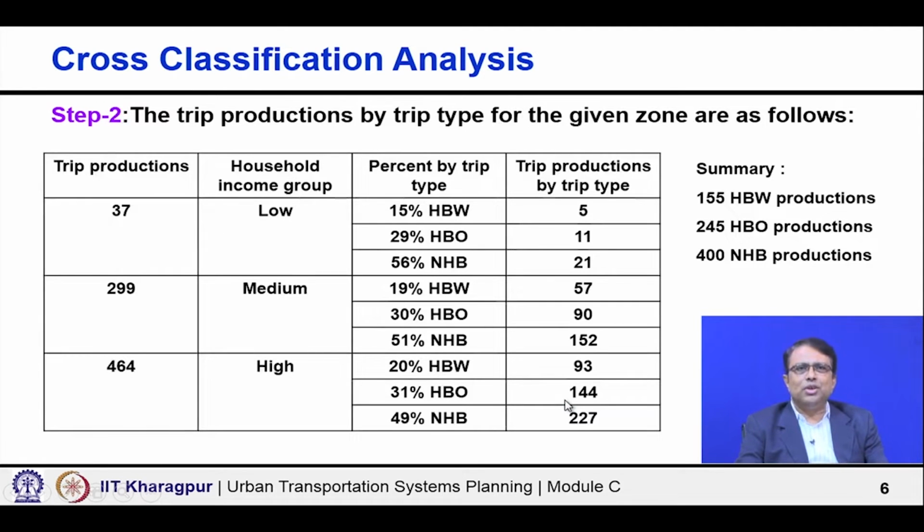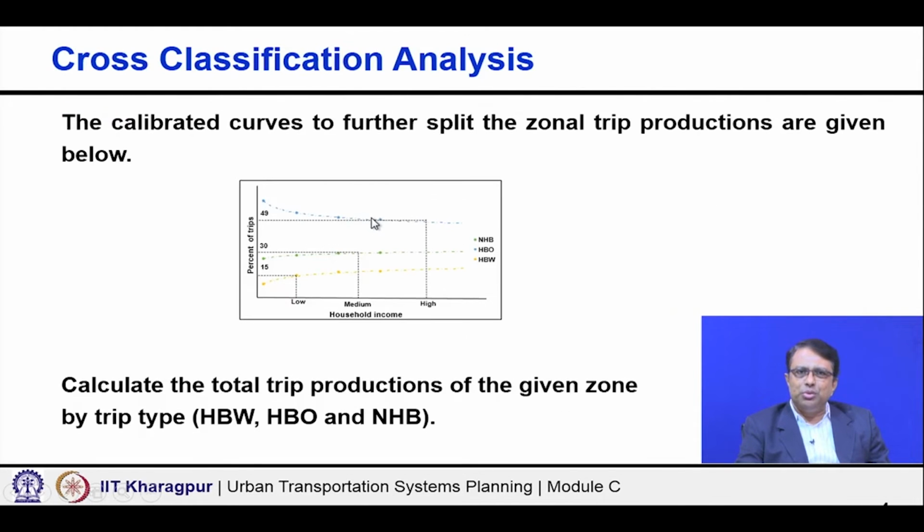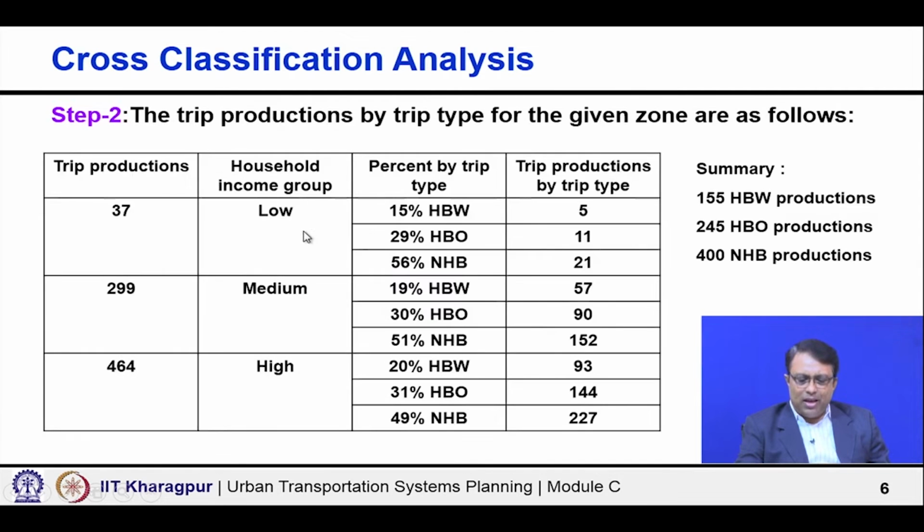In the next slide we have that. We know that low income households will produce 37 trips, but from the second curve, I will show you this curve again. For low income households, 15% will be home based work, 29% will be home based other and 56% will be non home based trips.